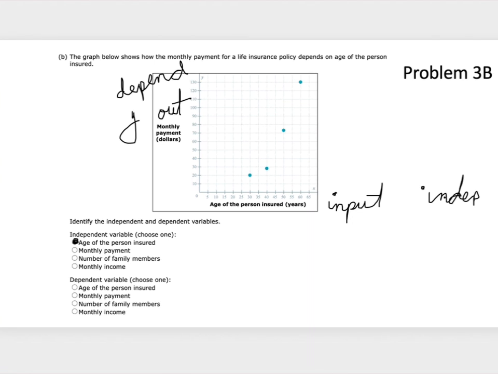The independent is the input, and we usually denote it with the X. Okay, dependent is the Y. Age of the person insured, nope, that's the input. Monthly payment, yes. Okay, and then number of family members, not mentioned. Monthly income, not mentioned.